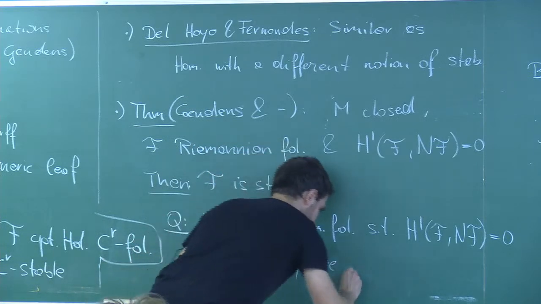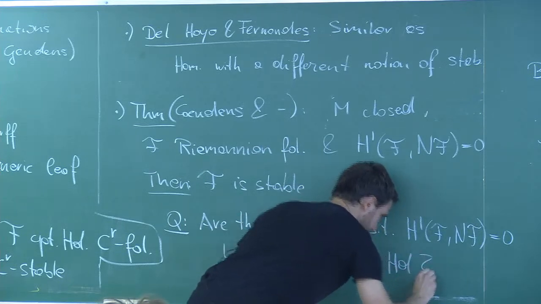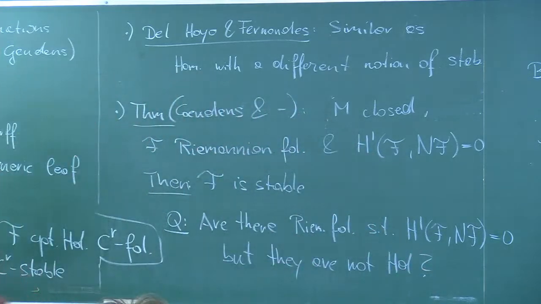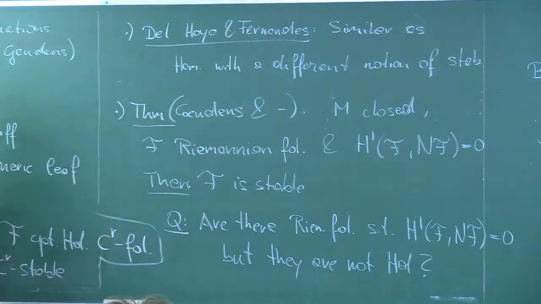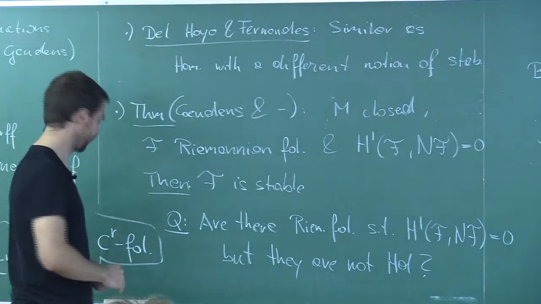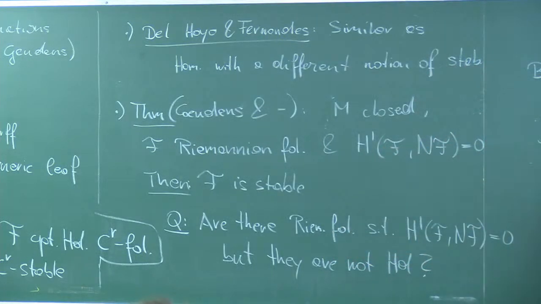Let's say they are not Hausdorff. We proved our nice theorem, we were very happy, we tried to understand the differences. Well, we saw it's not so easy to understand the differences, basically.